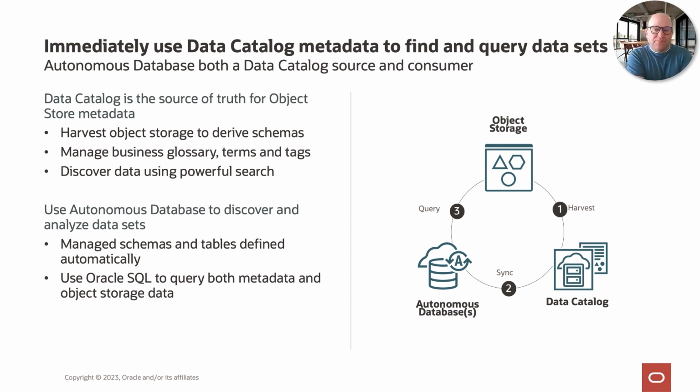Because for data lakes, there's not necessarily a schema associated with data in a data lake, right? It's called schema on read. So what Data Catalog will do is derive the data schemas through what we call a harvesting process. It's going to scan all these files. It's going to derive tables from these files and columns and their data types.